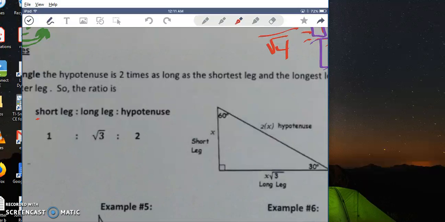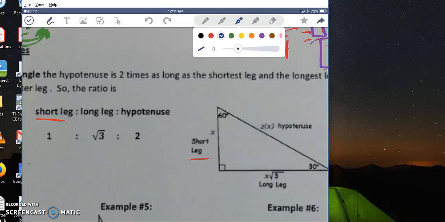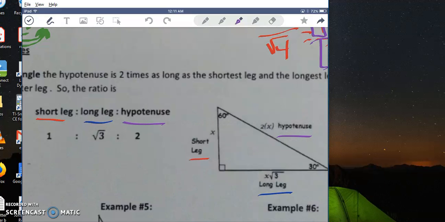Okay, you have your short leg, you have your long leg, and you also have your hypotenuse. So basically, if we can get the short leg, then we're going to work our way to get to the hypotenuse or the long leg.